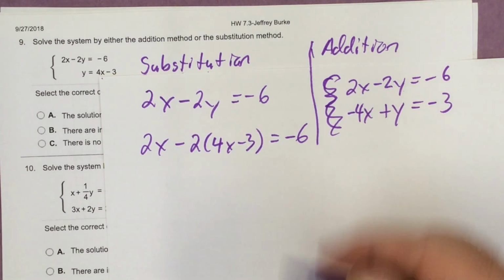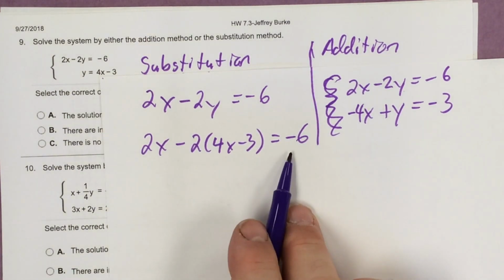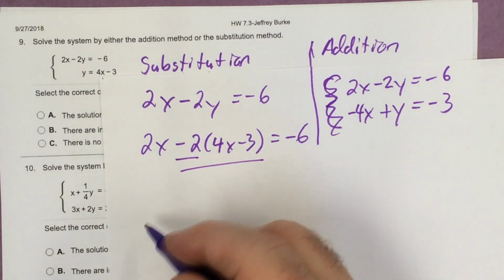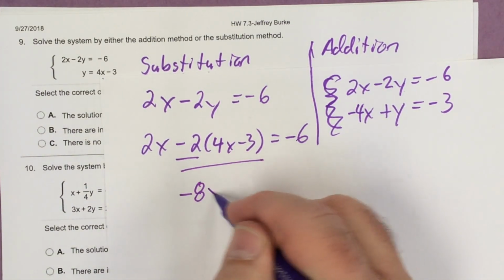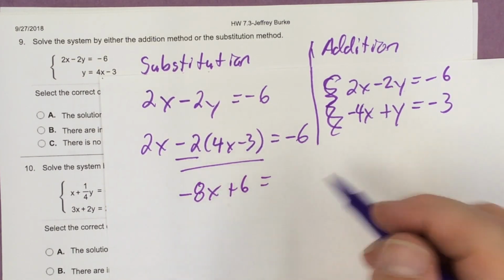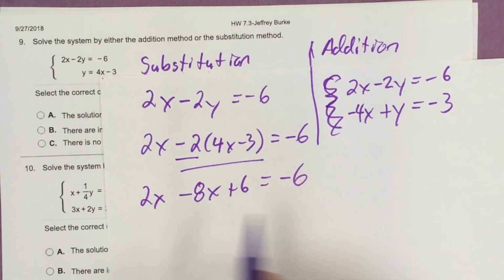Actually, I think I will work this out. You probably want to see what this looks like. So let's go ahead and look at the substitution method. I'm going to distribute negative 2 through here. That's going to give me negative 8x, plus 6. I'm going to move this positive 6 over.